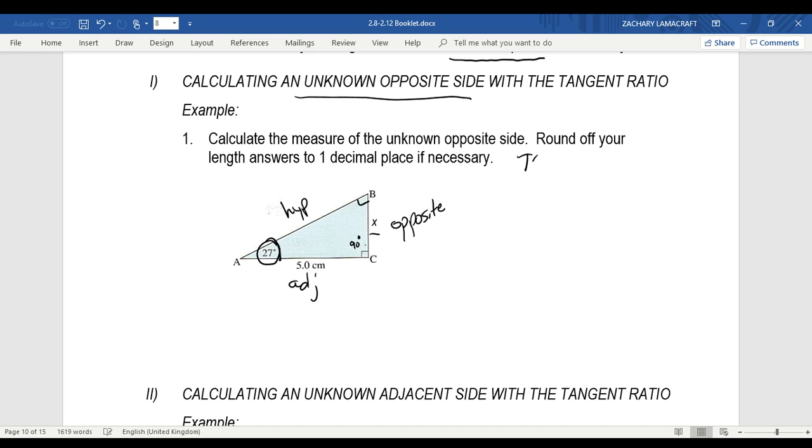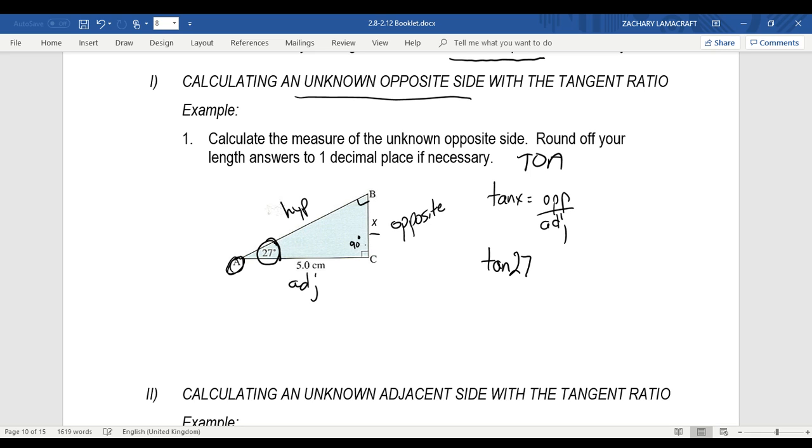So we know TOA is our acronym we're going to use with tan, and it's tan x equals opposite over adjacent. Then we can begin to fill in our different terms. So it would be tan what then? It technically is A, but what do we have a measure for it? 27, exactly.